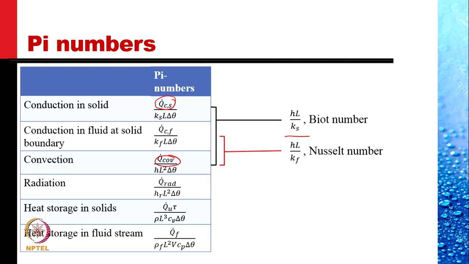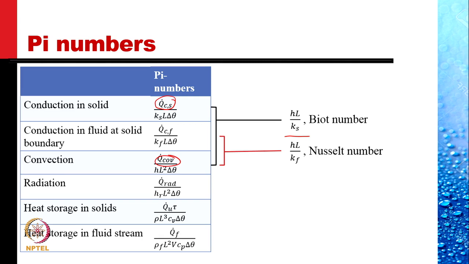If we equate the scale factor for conduction in fluid at the solid boundary with the rate of convection, then we get an equivalent formulation, hL/K_f, which is termed Nusselt's number, where K is the conductivity of fluid. Note the difference between Biot number and Nusselt number.